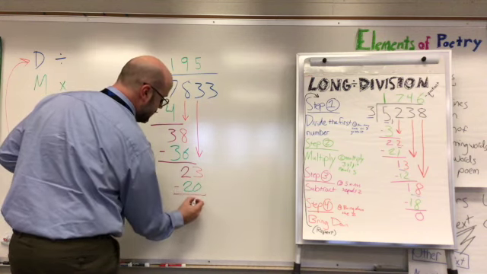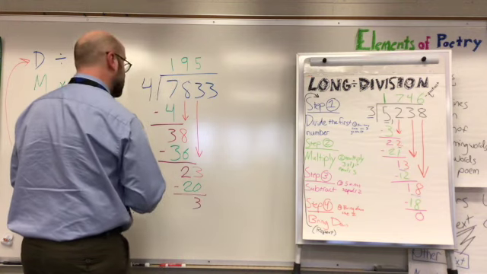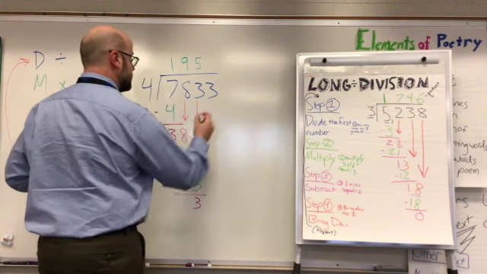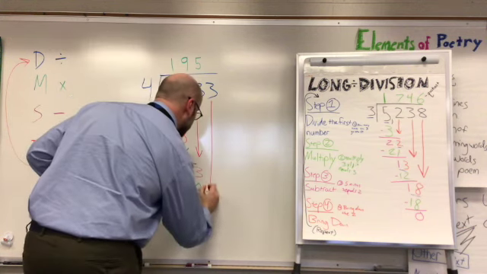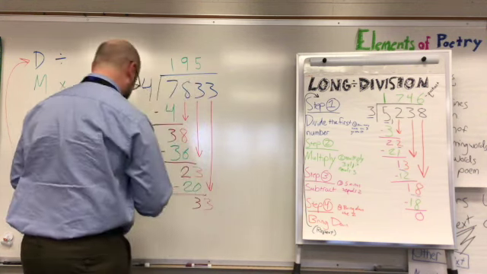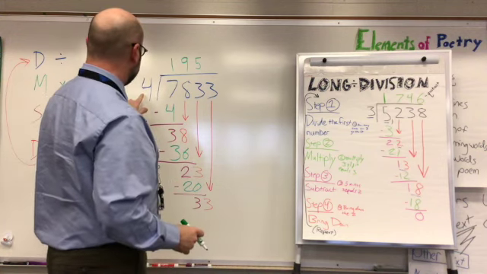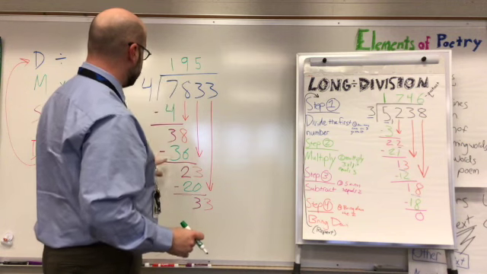23 minus 20 is 3. Drop down this last 3. How many times does 4 go into 33? Well, we did 4 times 9 is 36.